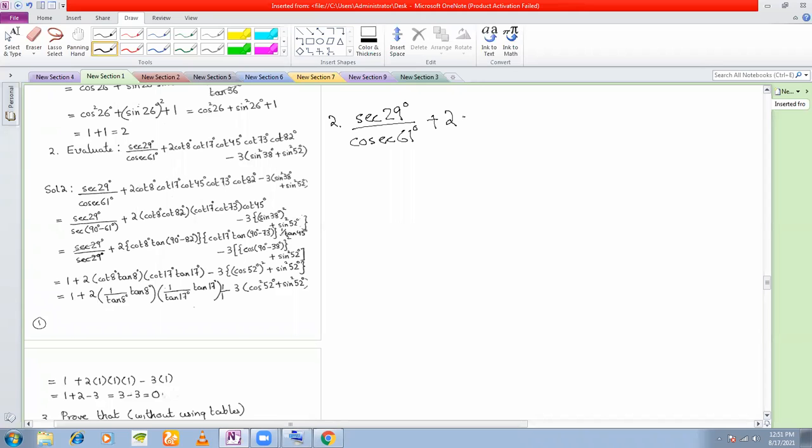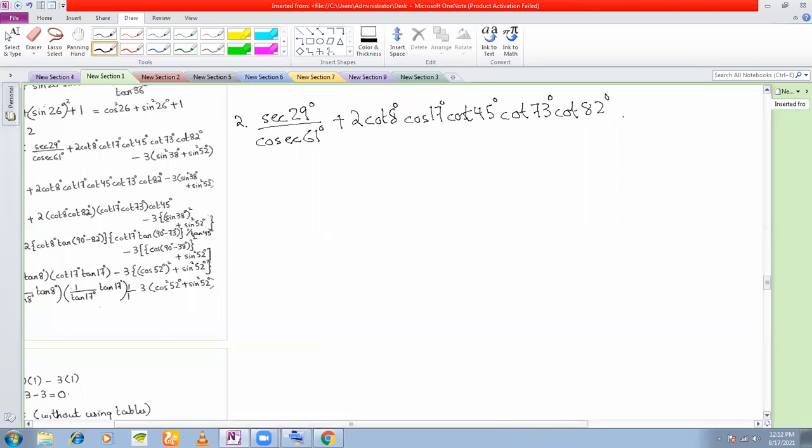A big product is given here. 2 cot 8°, cot 17°, cot 45°, cot 73°, cot 82°. And also you have minus 3 sine square 38° plus sine square 52°.